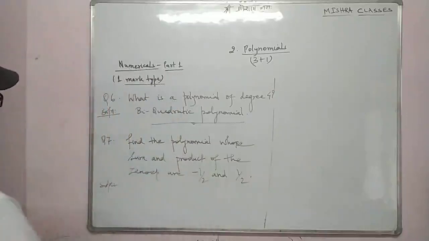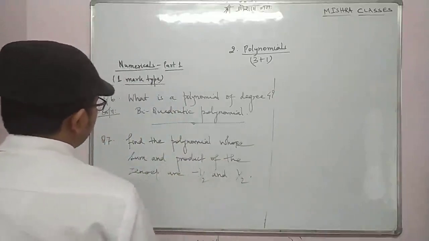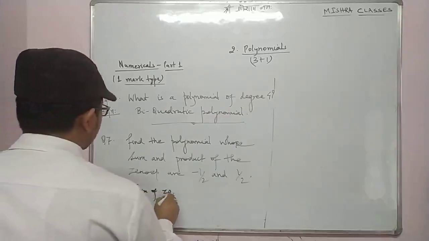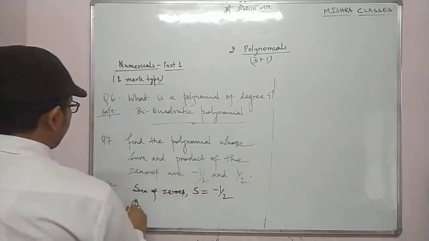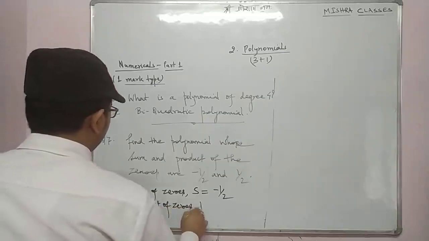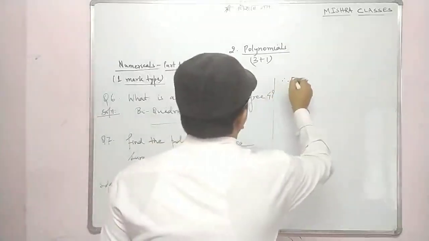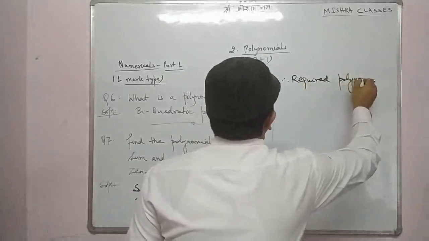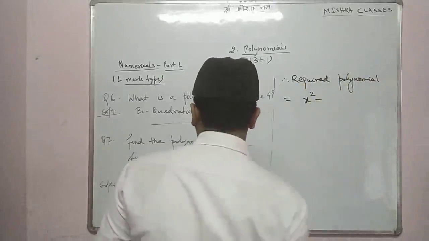Alright, so what we see here: find the polynomial whose sum and product of the zeros are minus half and half. So the sum is already given here. So we can write sum of zeros, s, that is equal to minus half, and product of zeros, that is p, which is equal to half. So what can we say? Therefore required polynomial equal to x square minus, what is the sum?